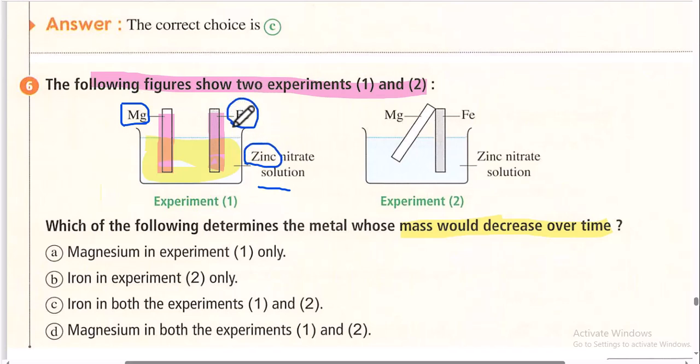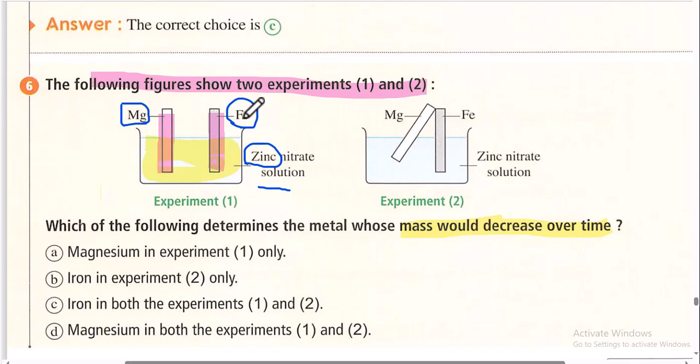So magnesium will replace zinc in the zinc nitrate solution, and zinc will precipitate in both cases. Iron is less active than zinc, then the mass of iron is constant. It will not dissolve in zinc nitrate solution, as iron cannot replace zinc. It is less active than zinc.